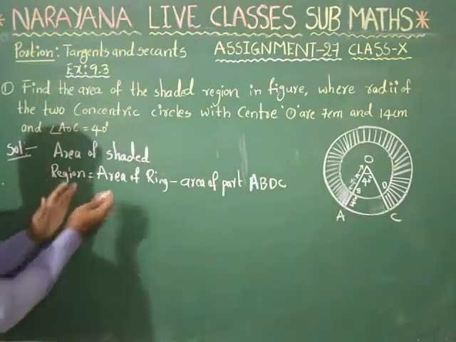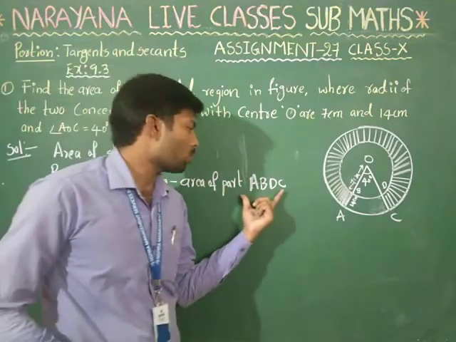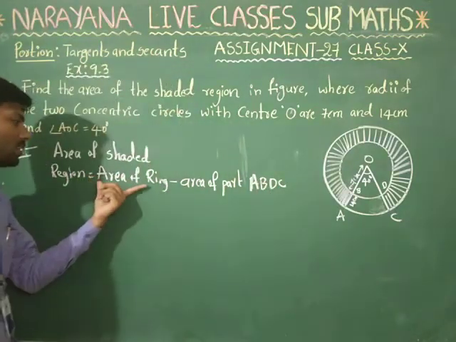Now we have to find the area of the ring as well as the area of the part ABDC. So how can we find the area of the ring?